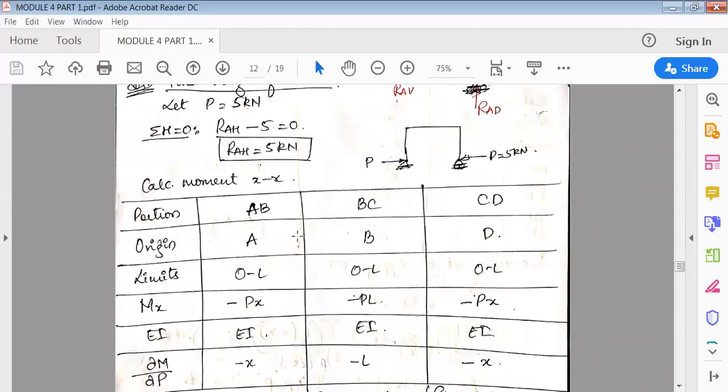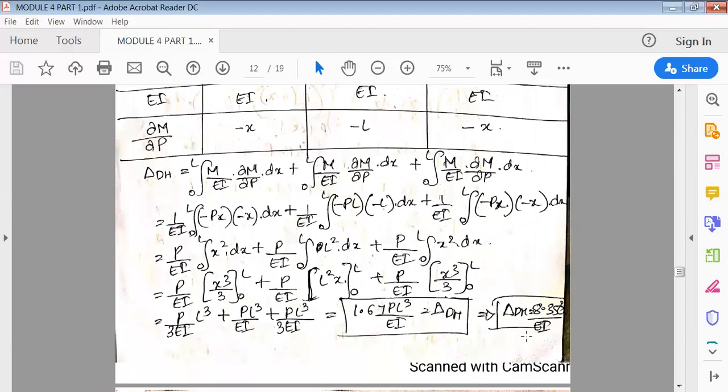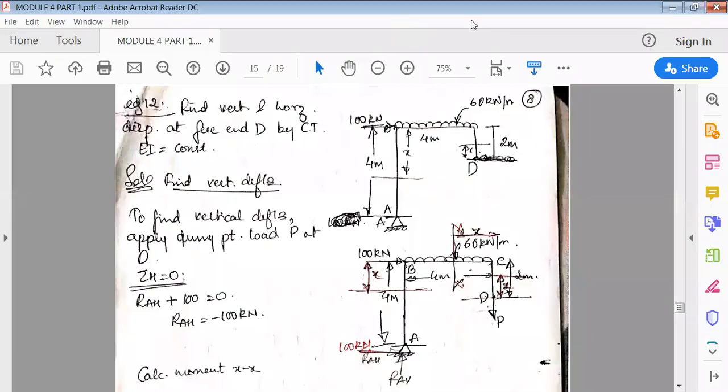Now, they've asked you to calculate only the horizontal deflection at A. So you've replaced this external load with P and found out the horizontal deflection at D.